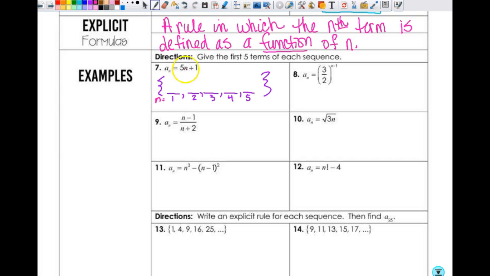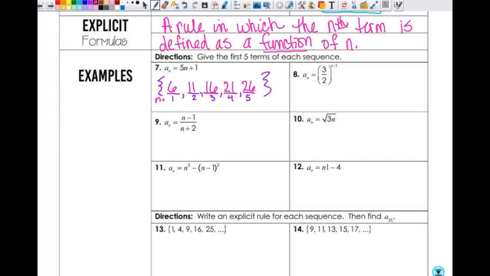So I substitute in 1. 1 times 5 is 5 plus 1 is 6. So to get the second term, I substitute in 2. 2 times 5 is 10 plus 1 is 11. Then I substitute in 3. 3 times 5 is 15 plus 1. Then I substitute in 4, and I get 21. Then I substitute in 5, and I get 26.